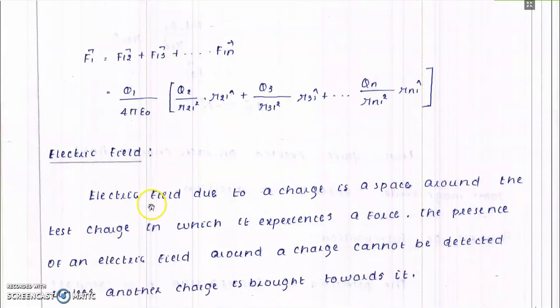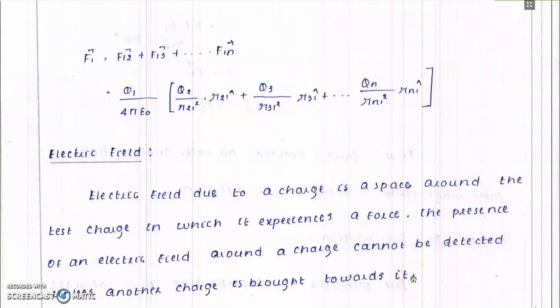So finally it is stated that the electric field due to a charge is the space around the charge in which a test charge experiences force. The presence of an electric field around a charge cannot be seen by our naked eye, but it can be felt by keeping another charge brought towards it.